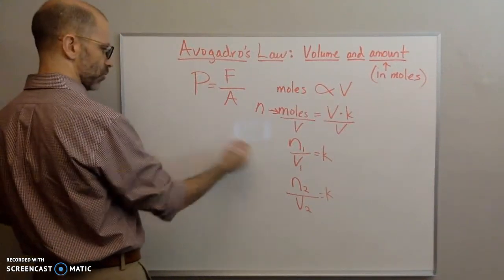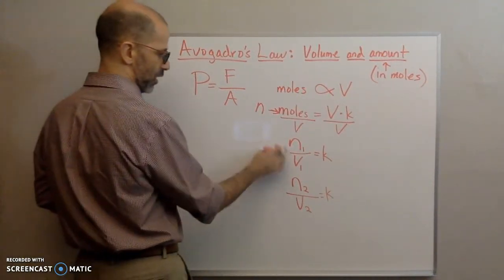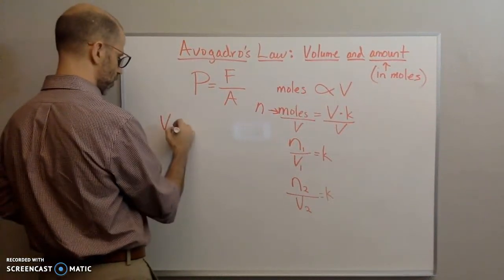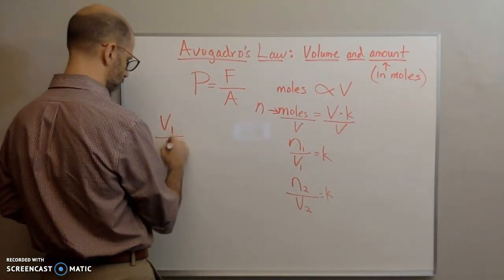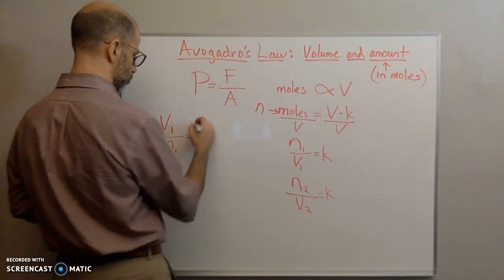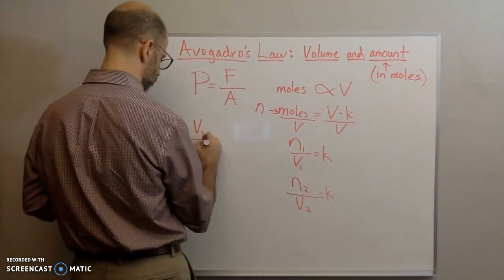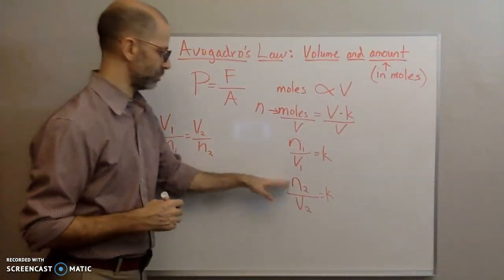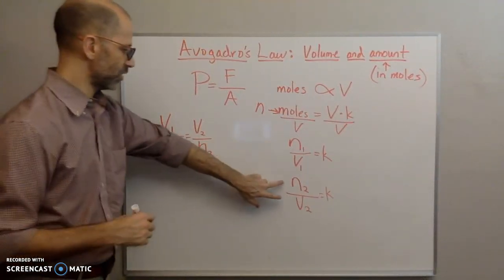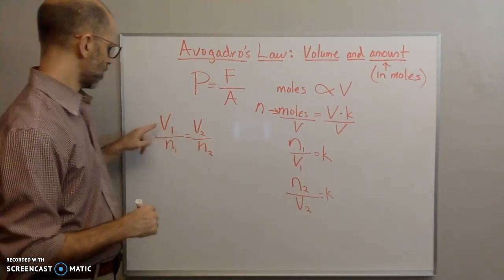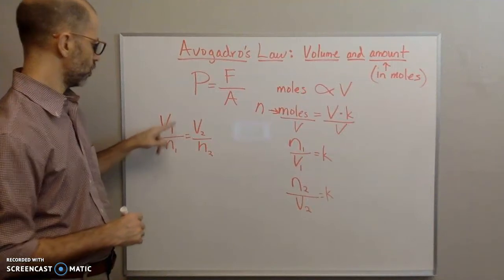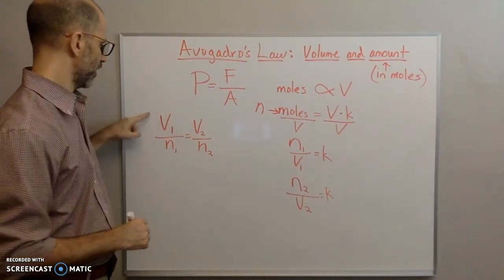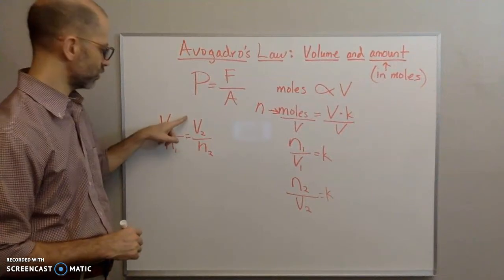I can write it as, it doesn't matter which side is on top, V1 over N1 is equal to V2 over N2. You'll notice I flipped it, but again, it doesn't matter which one is on top as long as they're both on top. So V1 over N1 equals V2 over N2, or you could flip it, N1 over V1 equals N2 over V2.